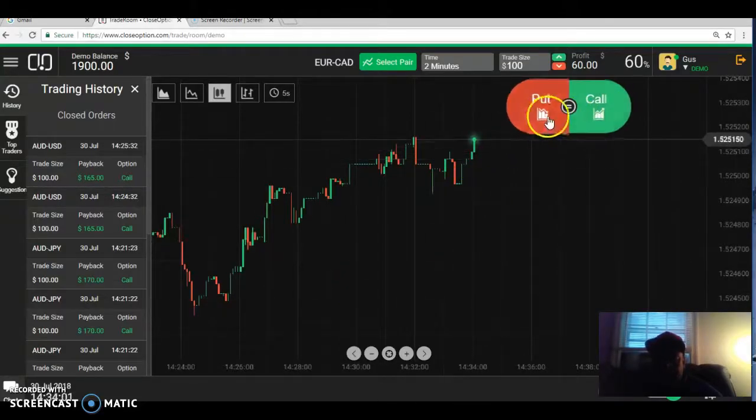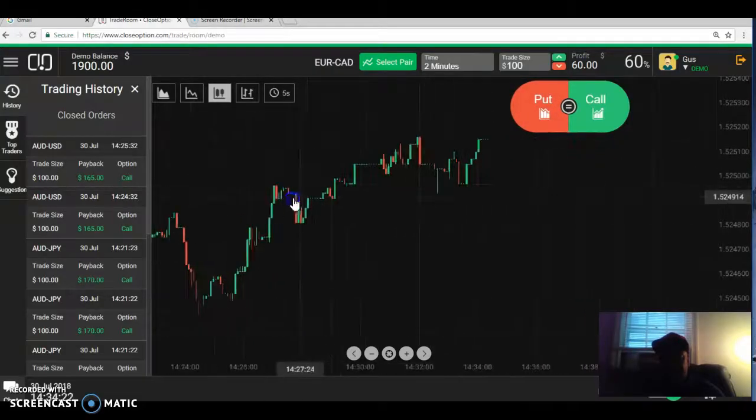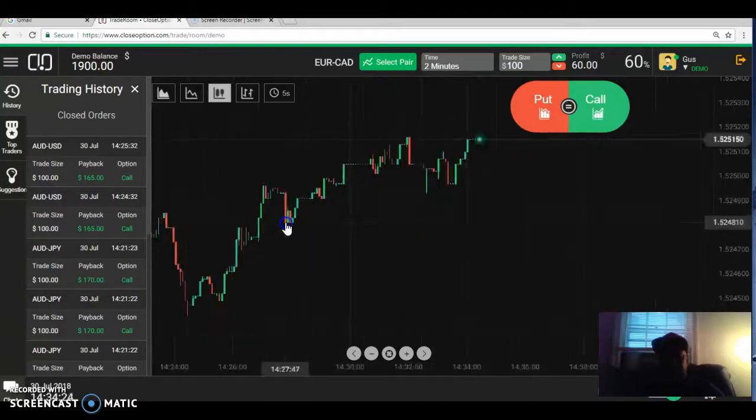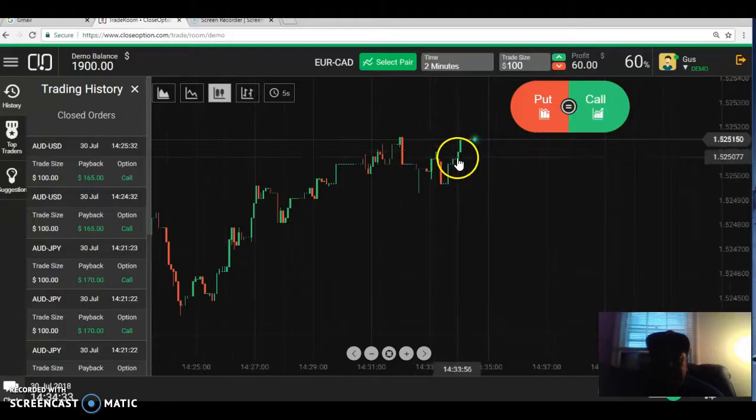Okay, so here, boom. The currency has hit this level of resistance, and I'm looking for it to possibly go back down. So I'm going to wait a second before I execute a put option, which basically says that this currency is probably headed downward because it really hasn't touched any level higher than this. If we can find a little bearish candle, it's going sideways a little bit right now.